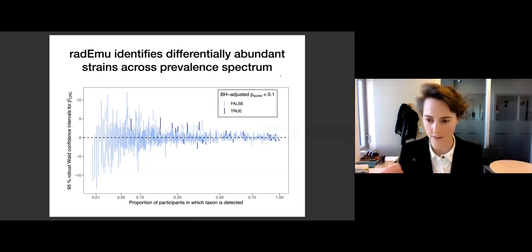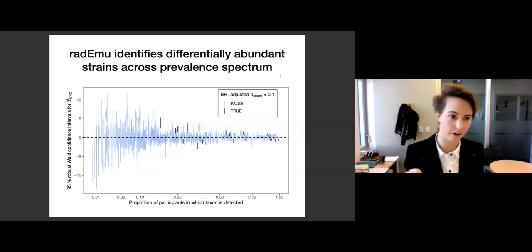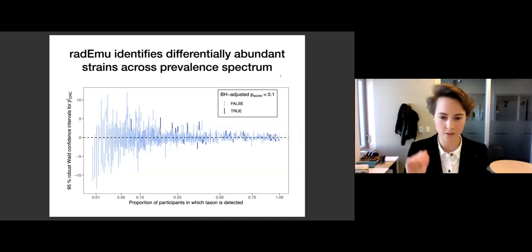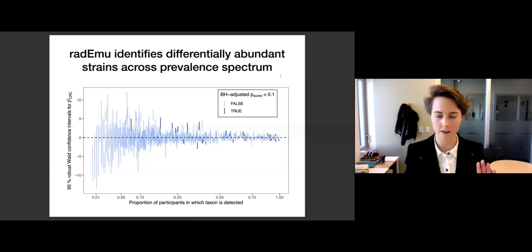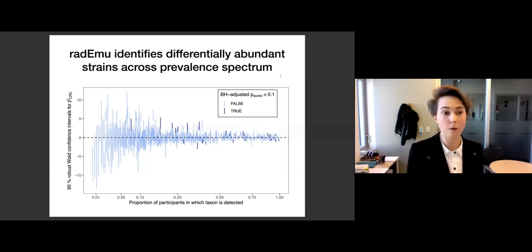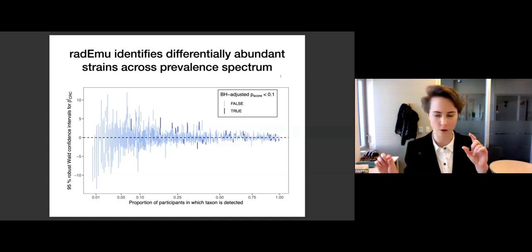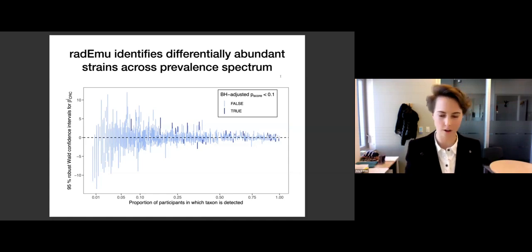And on the right-hand side, I can see taxa that were very prevalent, observed in like 80% or more of our participants. Okay, and so we can sort of see that these false discovery rate corrected p-values that are small tend to be across this whole prevalence spectrum. And we tend to see larger effect sizes for more rare organisms and smaller effect sizes for more prevalent organisms, which concords with my intuition at least, and I'm happy to have a discussion about that.